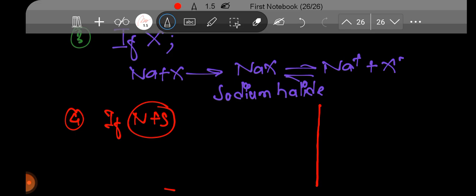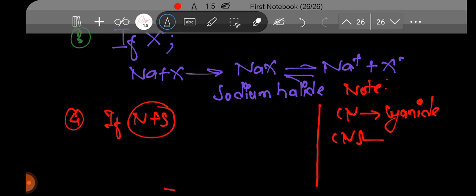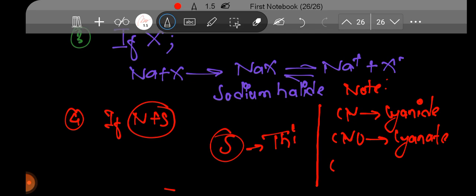Let's see some notes before going to that topic. If there is CN, we say it is cyanide. If there is CNO, we say it is cyanate. And if S is present, it is known as thio.